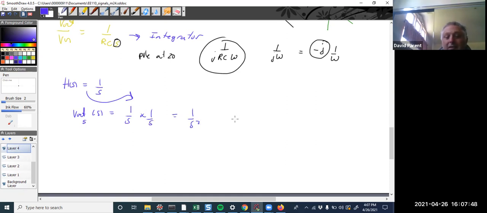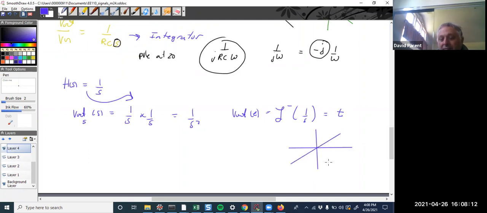Okay, so now what is V out in time? It's the inverse Laplace of 1 over S squared, which is t, if you find it in the textbook. But remember the plot of t.